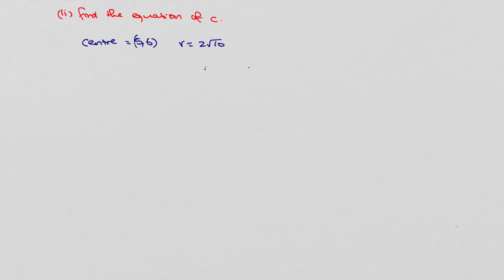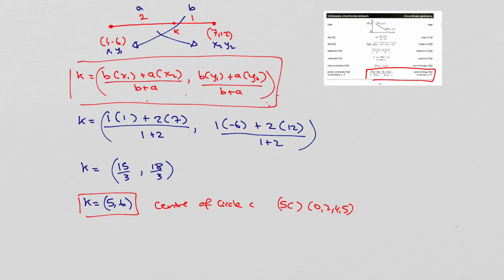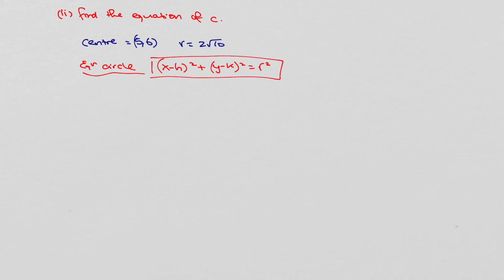So again, just going to our tables there on page 19, we can use x minus h squared plus y minus k squared equals r squared. So in other words, we sub in for our h, k and our r.